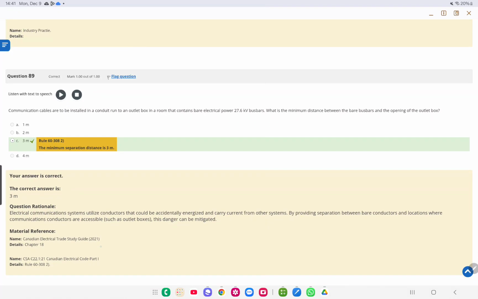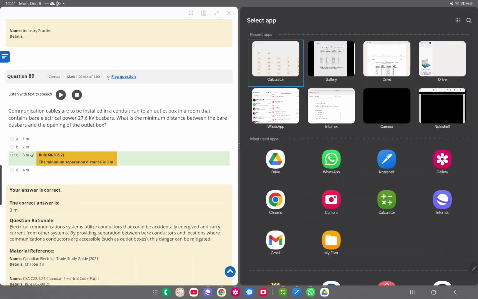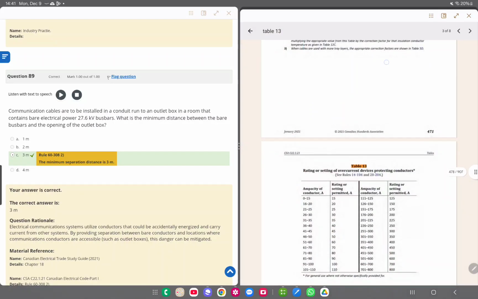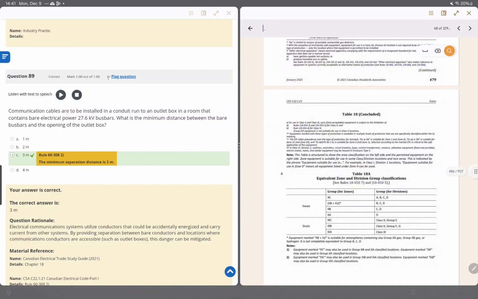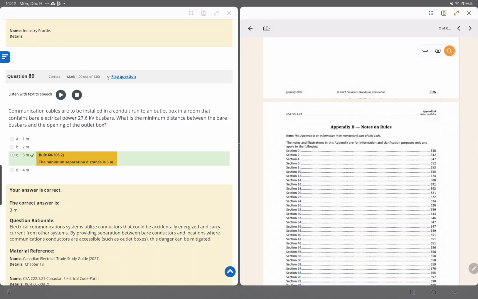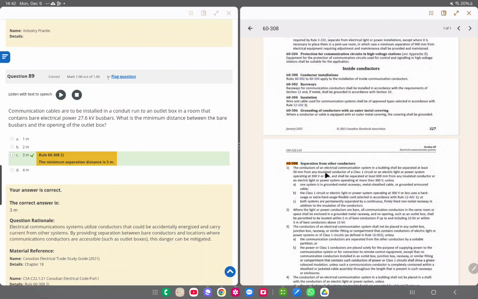This is in 60-308, separation from other conductors.